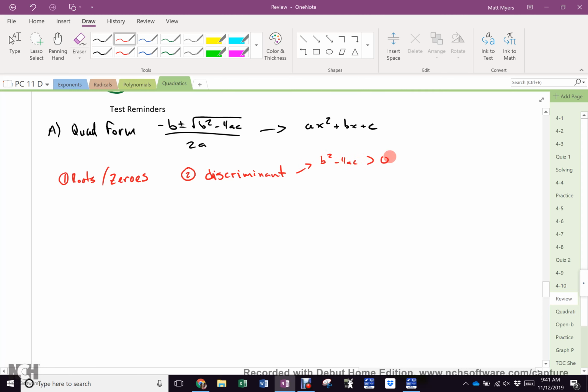If it is greater than 0, 2 roots. If it equals 0, 1 root. If it is less than 0, no roots. And the last thing it'll tell you is vertex x is negative b over 2a. All that comes out of the quadratic formula.